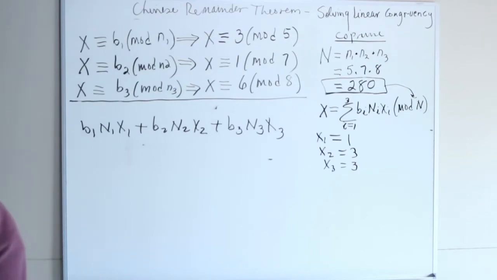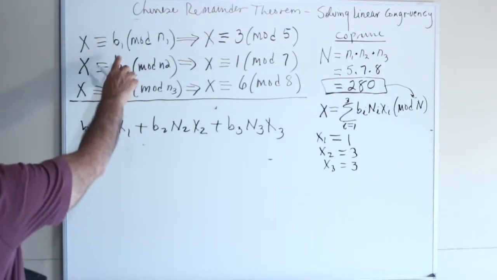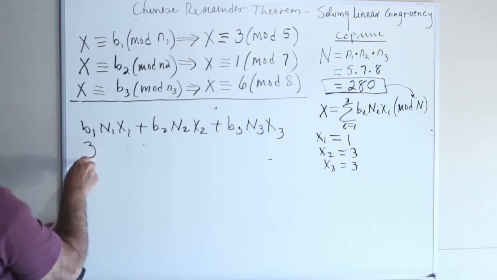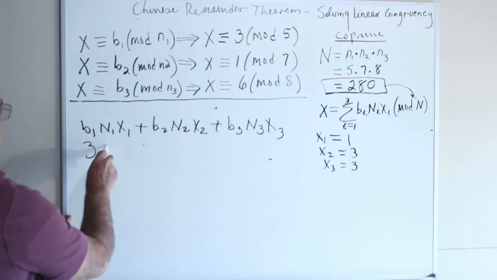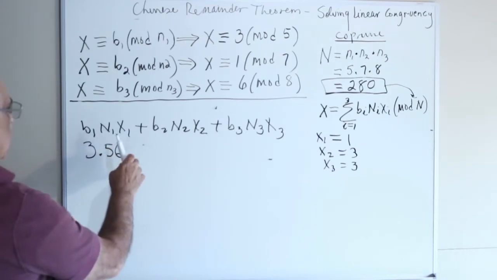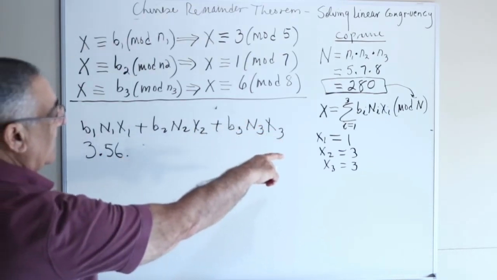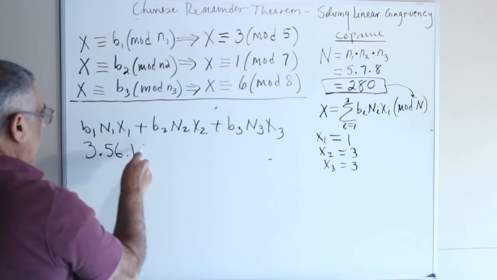So let's see what those values are. b sub 1 is 3. n sub 1, which we figured earlier, was 56. And then x sub 1 is 1, plus.